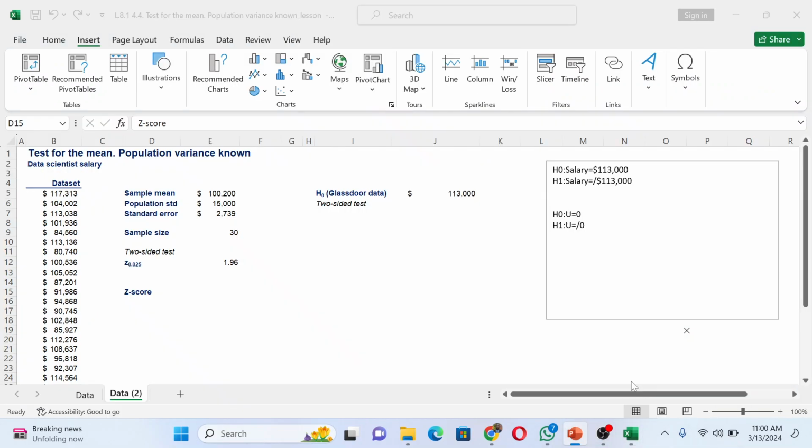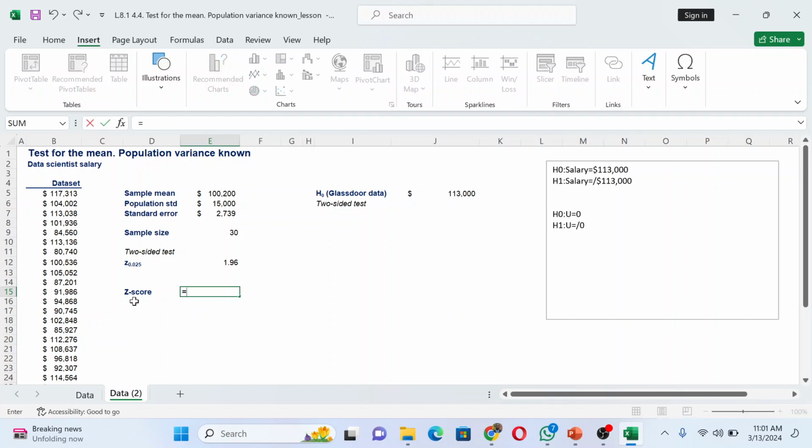Let us start with the statistic, the capital one. That is equal to the sample mean minus 0, divided by the standard error. But ensure the upper side is put in brackets. Is it okay?